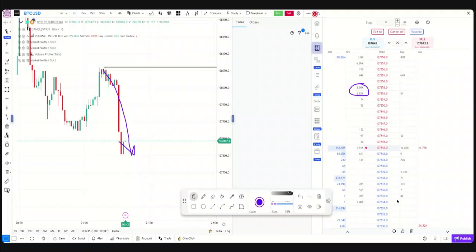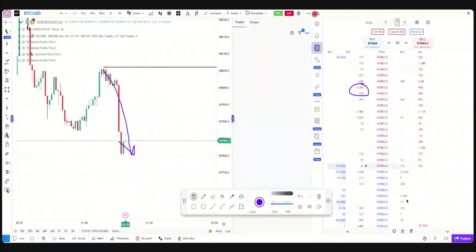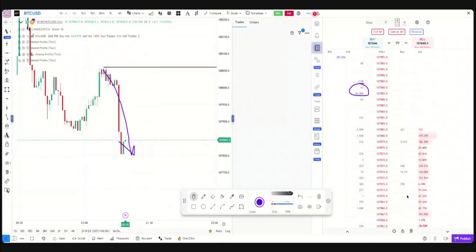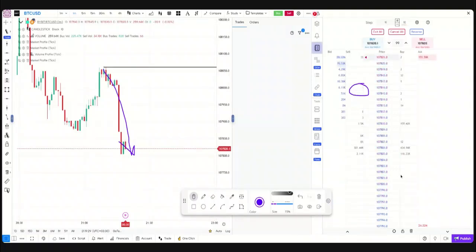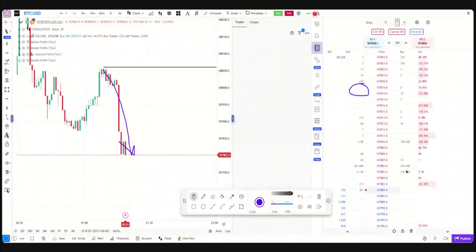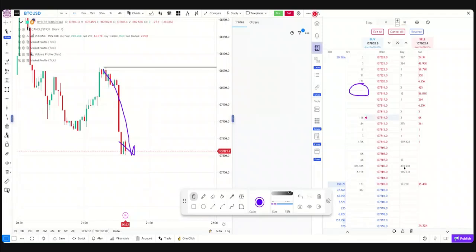So for the buy position, let me see whether there's an abnormal number of contracts. 1.8k, 1.04k. Where was it? 434k.